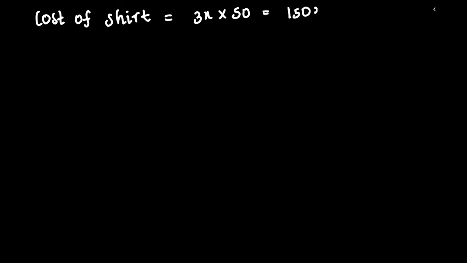First we have to find the cost of shirt and cost of trouser. The cost of shirt per 1 meter is 50 rupees, and we have kept it as 3x meters for shirt, so we multiply 3x with 50. Cost of shirt will be 3x into 50, that is 150x.